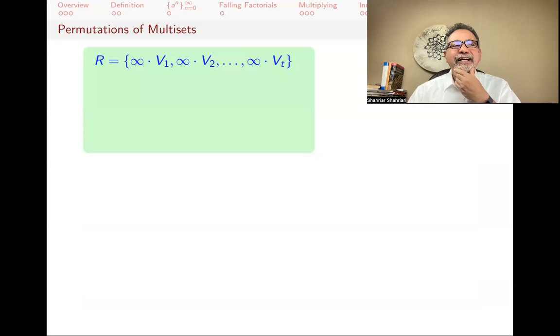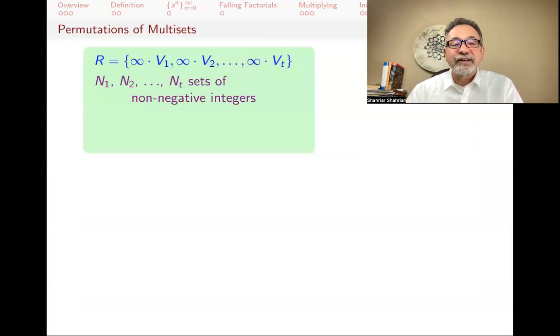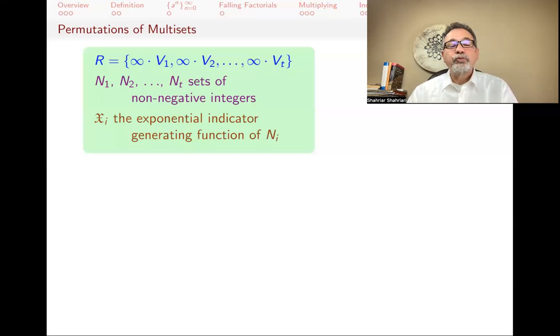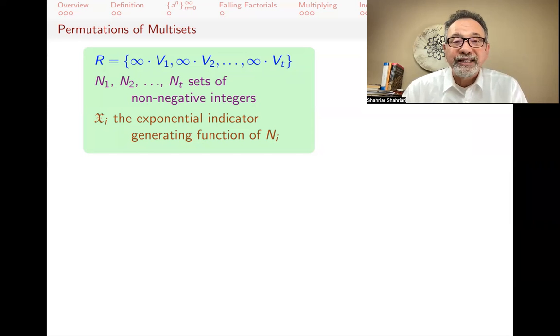If we have R, which is a multiset with t types of elements and multiplicity of infinity for all of them, repetition number infinity for each element, and we have these sets of non-negative integers, each one of them is going to put a restriction on how many of each one of those elements we are going to take in our permutations. And we're going to find the indicator generating function, but not just the indicator ordinary power series, but the exponential indicator generating function of each of these sets. This is going to be the new twist that we're going to add in.